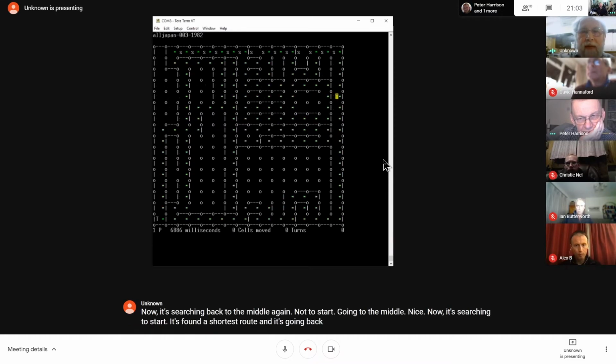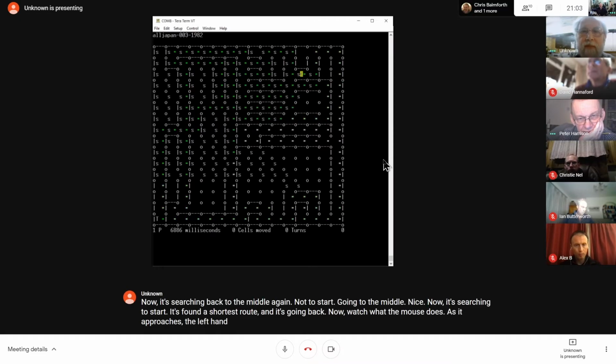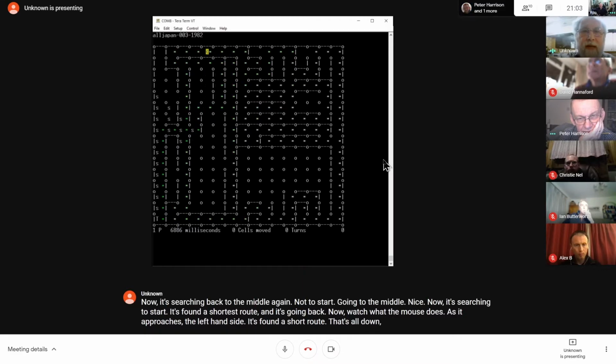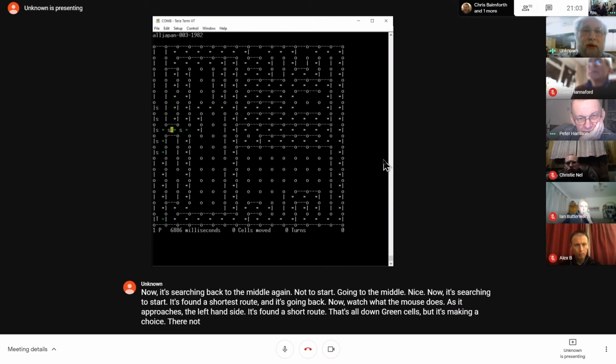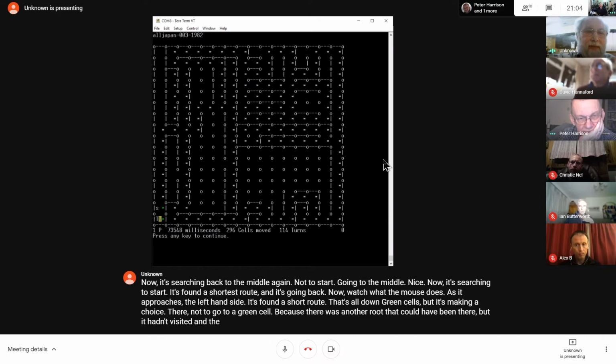Now watch what the mouse does as it approaches the left-hand side. It's found a short route that's all down green cells, but it's making a choice there not to go to a green cell, okay? Because there was another route that could have been there that it hadn't visited, and the strategy I selected went that way.